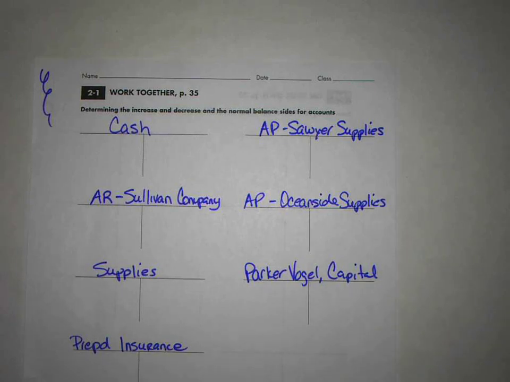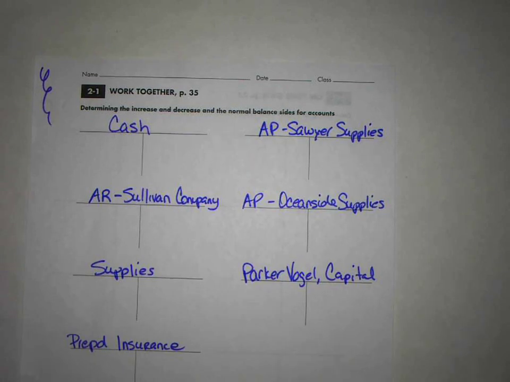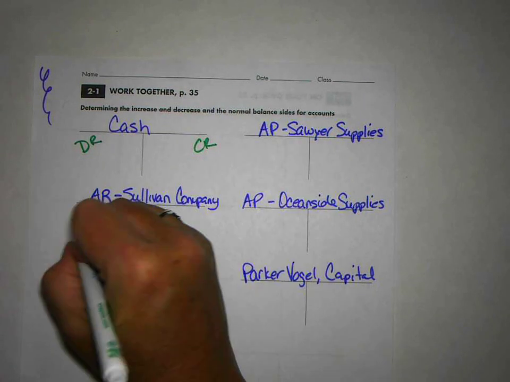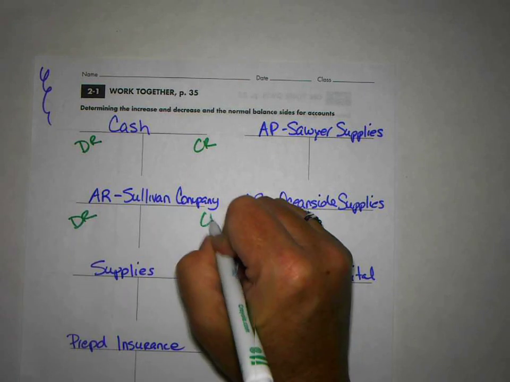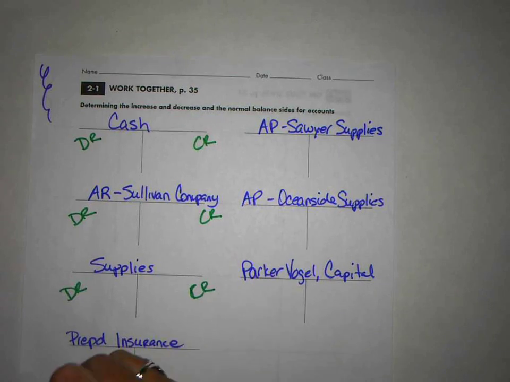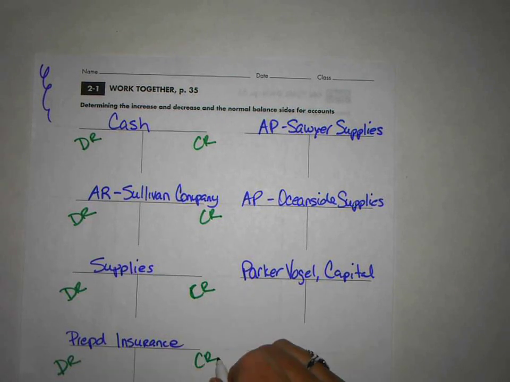All right. So they want us to prepare the T account. Did that. Label debit and credit side. I've got different markers, so I'm just going to go ahead and do this. Debit, credit. Debit, credit. Debit's on the left, credit's on the right. Nothing changes with that.